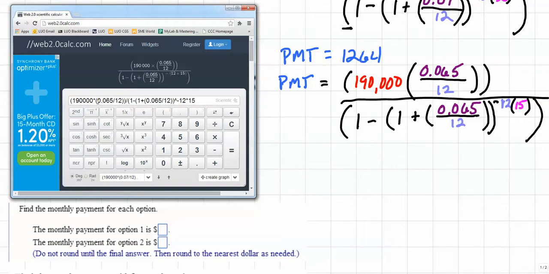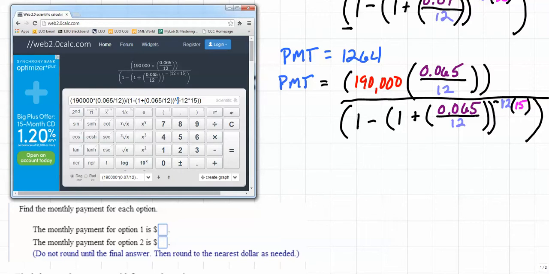Okay, and then for this one, I should have closed that in parentheses also, but I will do that right now, and that's what I have. And then I'm going to have to close the parentheses on the outside. Let's just make sure I got this correct. I got a parenthesis here, and its mate is right there. I've got a parenthesis here, and its mate is right there.